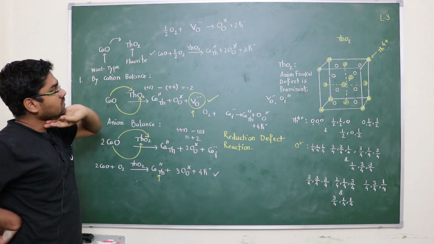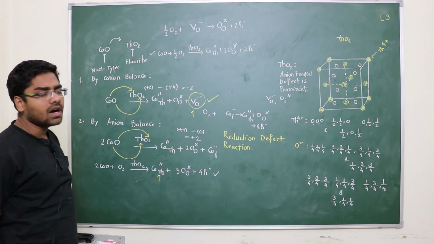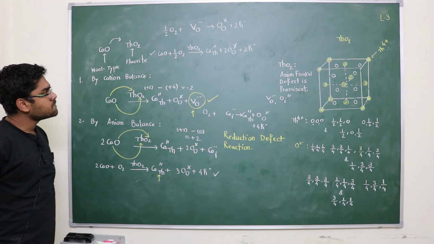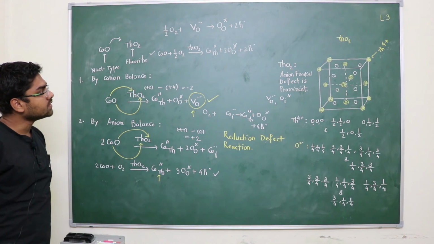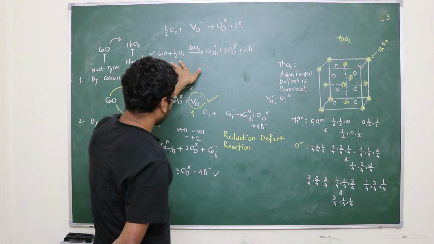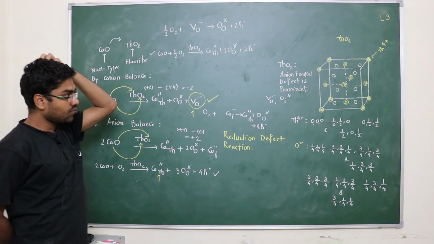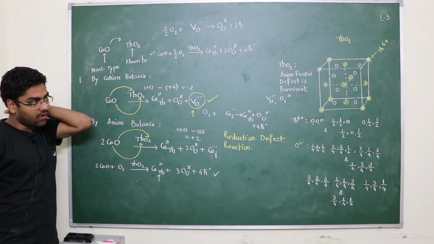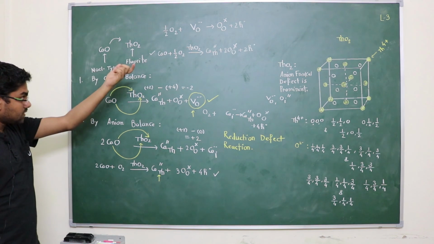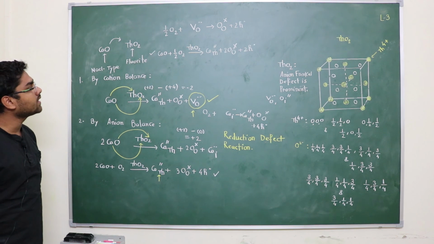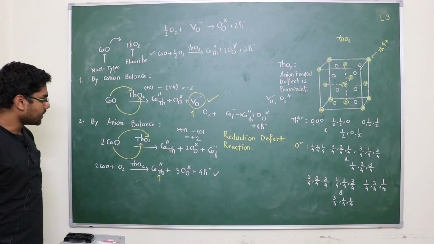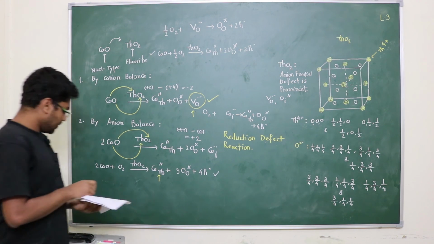So we will learn in the next class the dependence of concentration of the defect species on the partial pressure of oxygen, by which we can write the Brouwer diagram of this oxide, the extrinsic Brouwer diagram as well as the intrinsic Brouwer diagram.